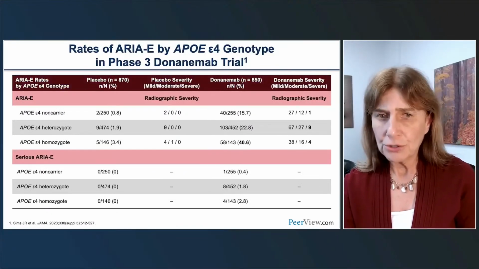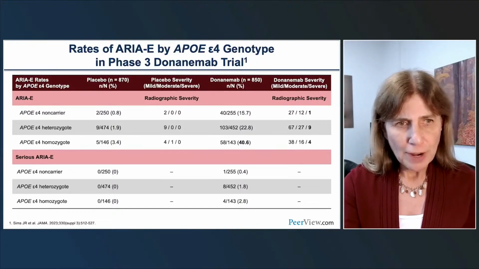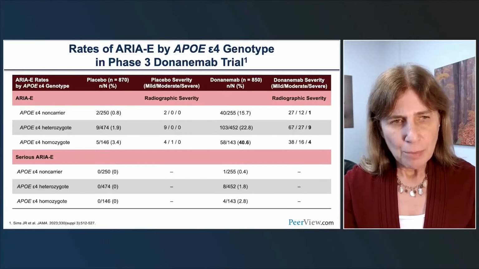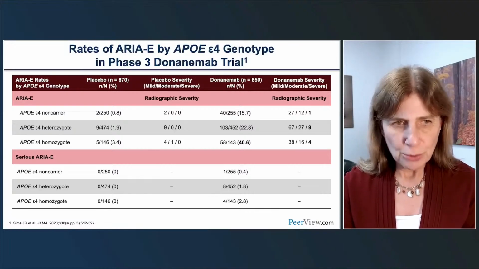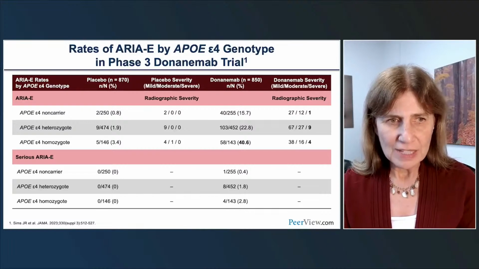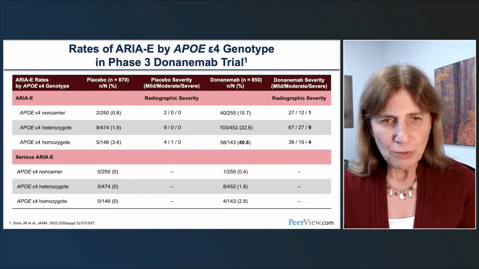Let's turn to donanemab now. What you'll see is a similar trend across the ApoE carrier types. You have greater risk of ARIA, both ARIA-E on this slide and ARIA-H, with the greater number of ApoE4 alleles.